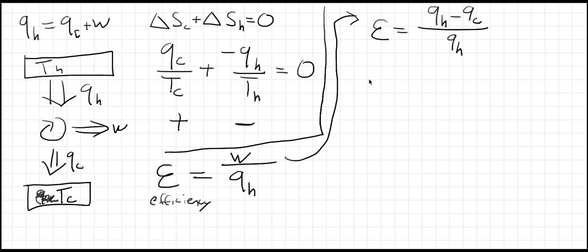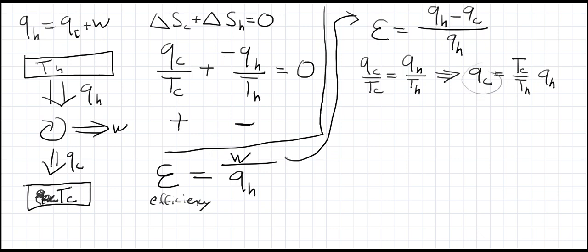Further, we can solve for Q cold by looking at this equation. We can see that Q cold over T cold has to be equal to Q hot over T hot. And so we can just solve that for Q cold: it's T cold over T hot times Q hot.